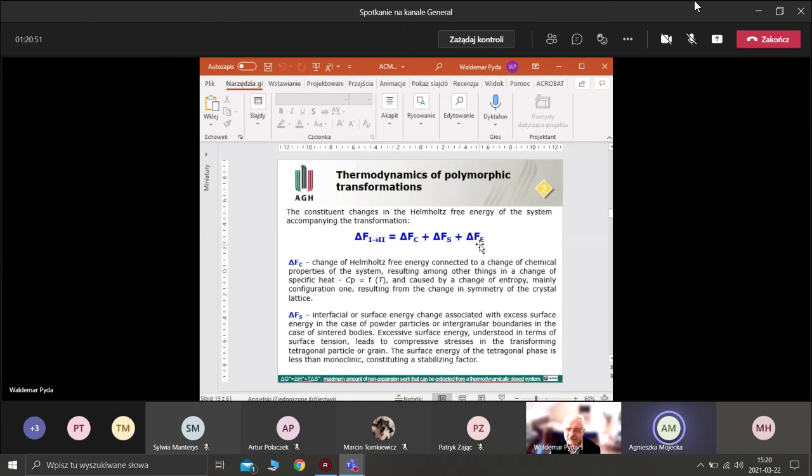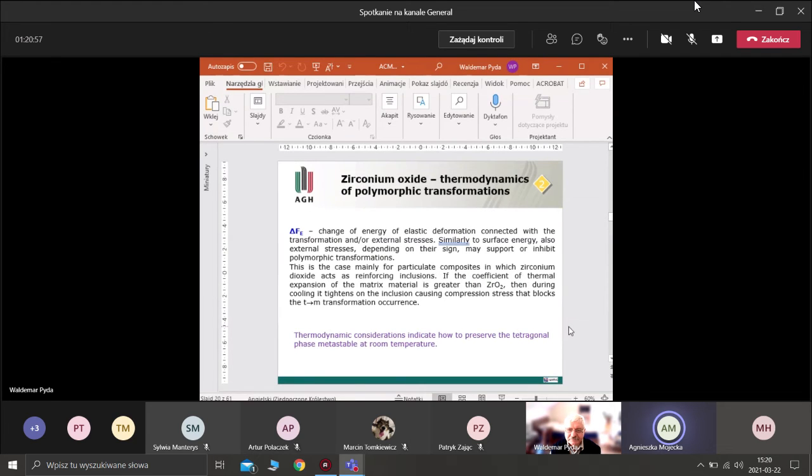Change of energy of elastic deformation, but I don't know what else I could say. Elastic deformation, yes, that's right. To what we must describe this component?